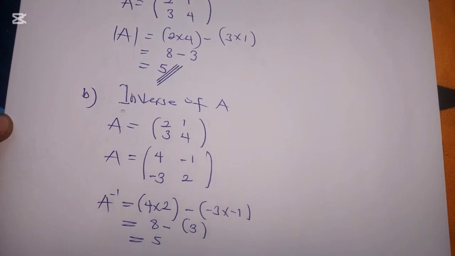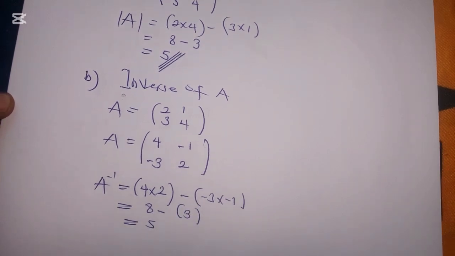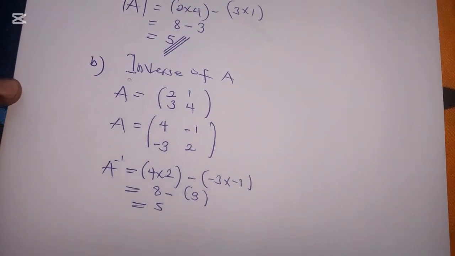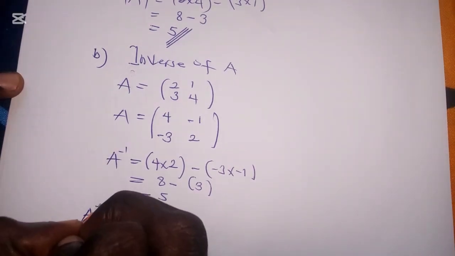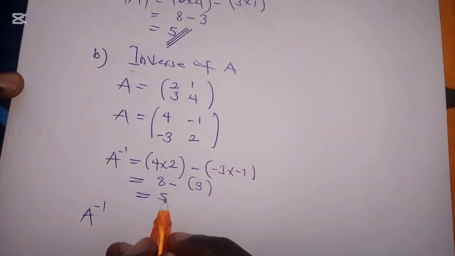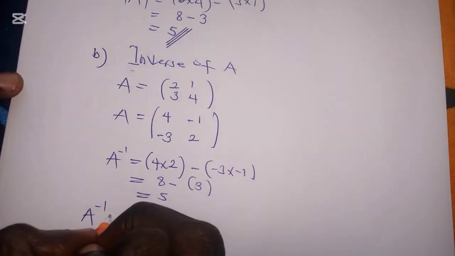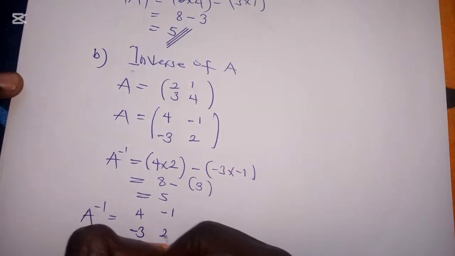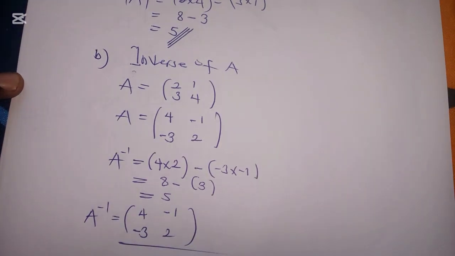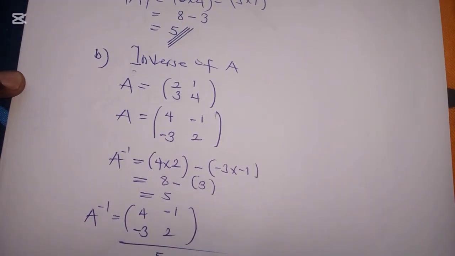From this point we can say the inverse of A. Now we have to use this 5 to divide throughout this matrix. That is, 4, minus 3, minus 1, 2, then we divide throughout by 5.